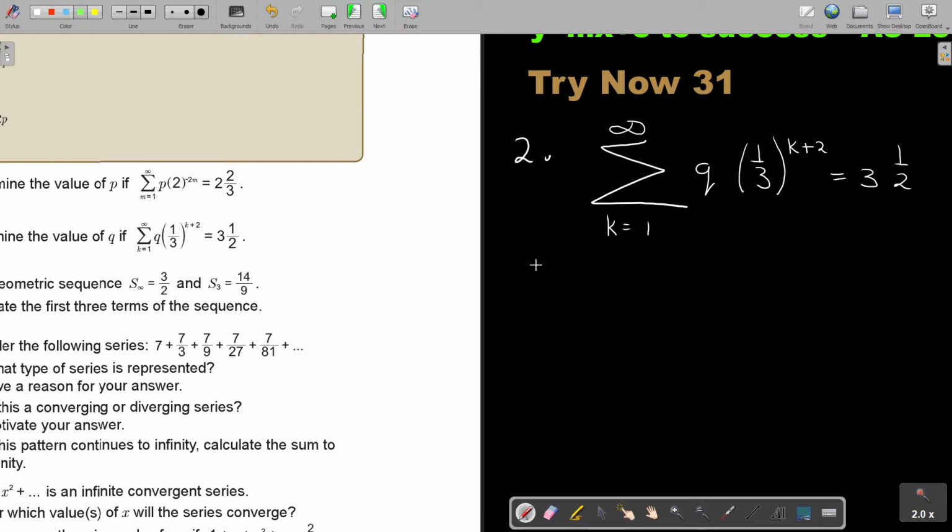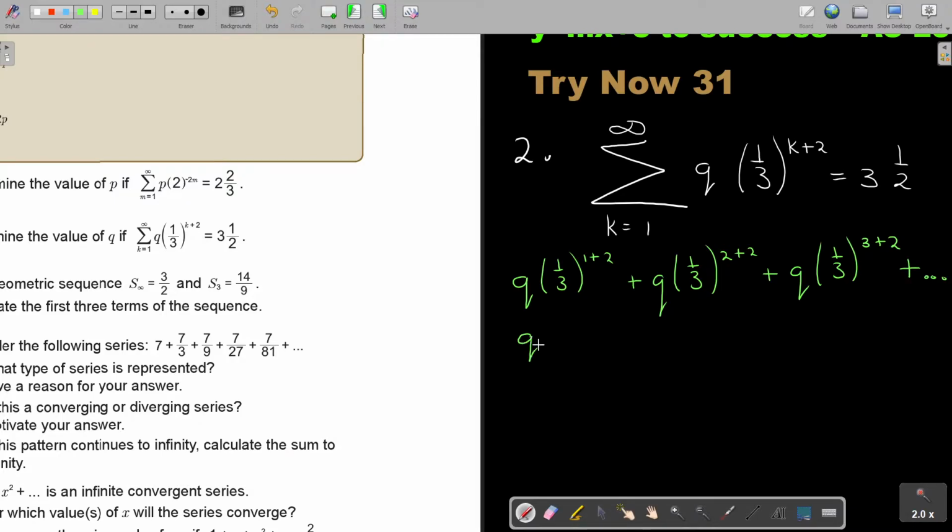There's going to be a q involved: q(1/3)^(1+2), plus q(1/3)^(2+2), plus q(1/3)^(3+2).